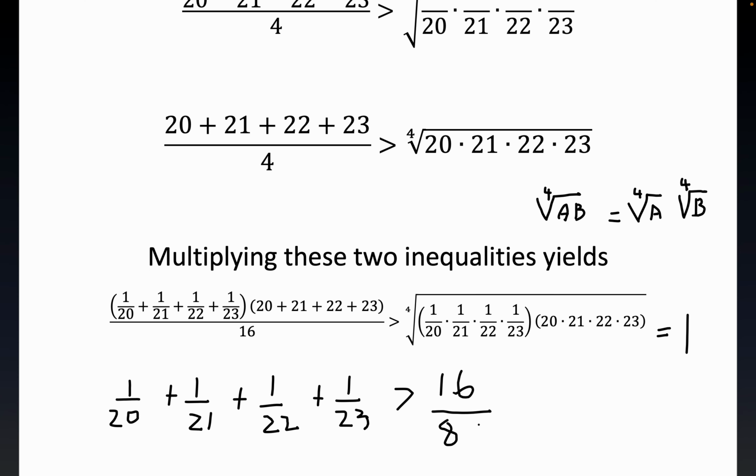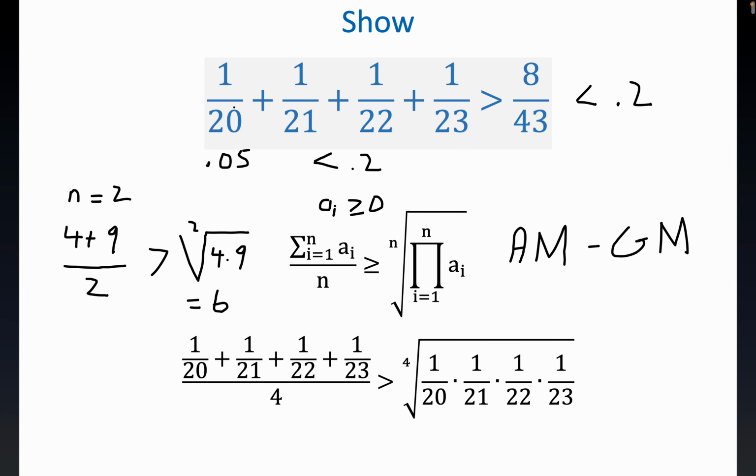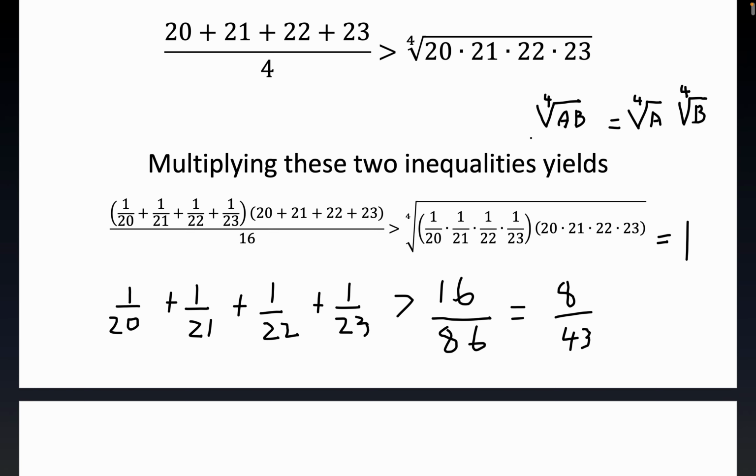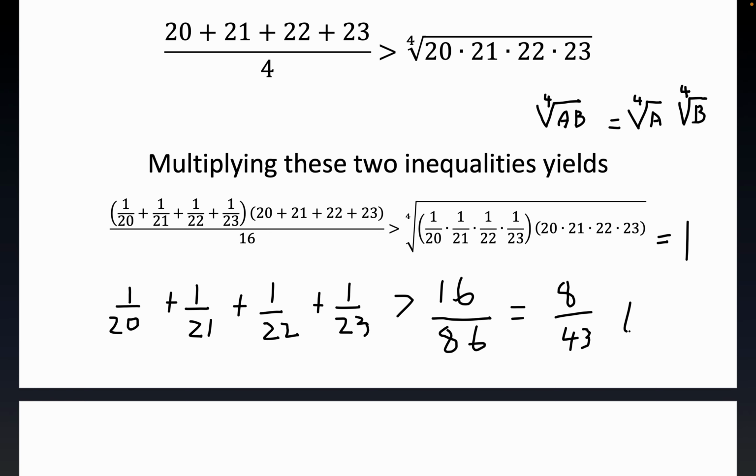But notice that this actually reduces to 8 over 43. Okay. And so what was it we were trying to prove? We're trying to show that 1 over the sum of the reciprocals is greater than 8 over 43. And we have done that. And so let me write down a QED right here, if it even merits that.